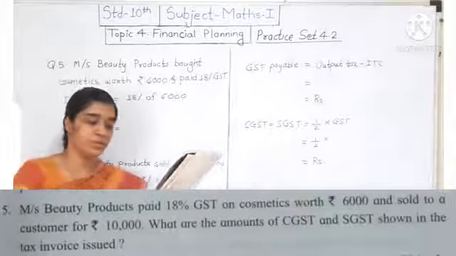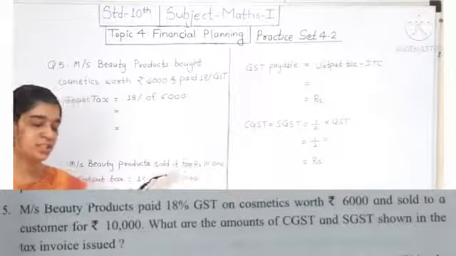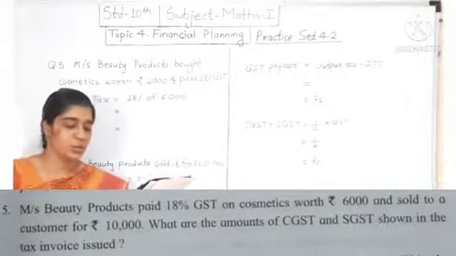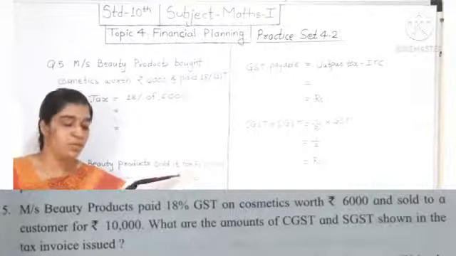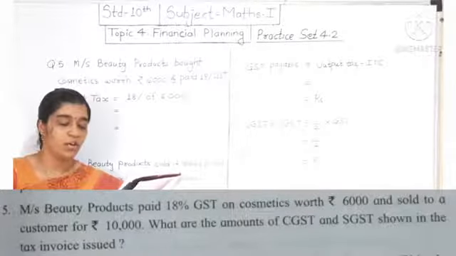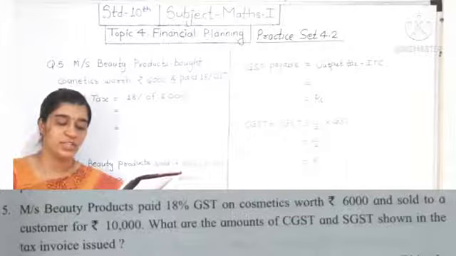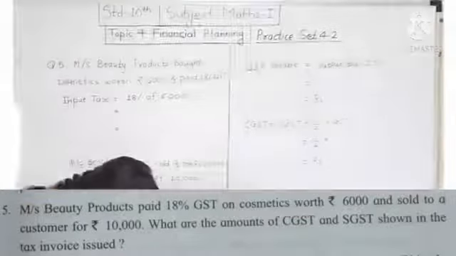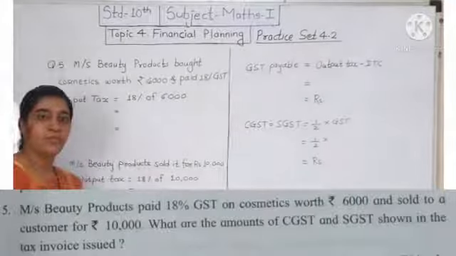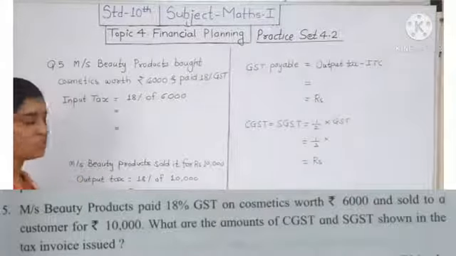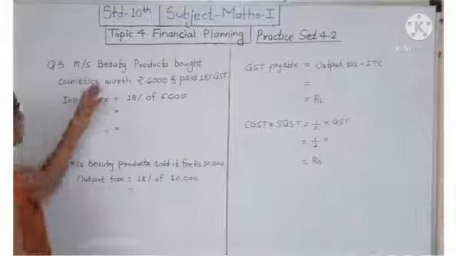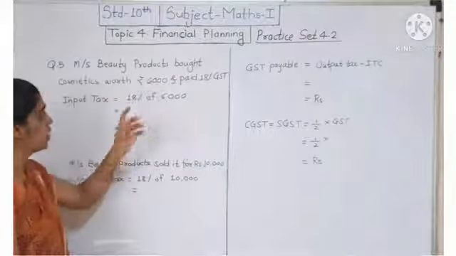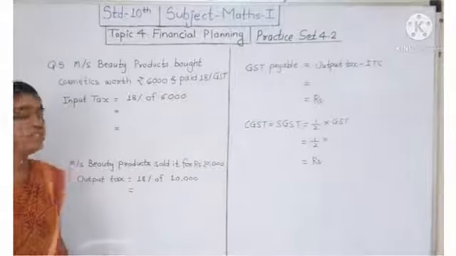Mrs. Beauty Products paid 18% GST on cosmetics worth rupees 6,000 and sold to a customer for rupees 10,000. What are the amounts of CGST and SGST shown in the tax invoice issued? We have to find the amount of CGST and SGST. So Mrs. Beauty Products bought some cosmetics worth rupees 6,000 and paid 18% GST.